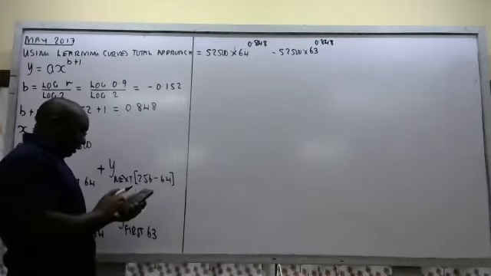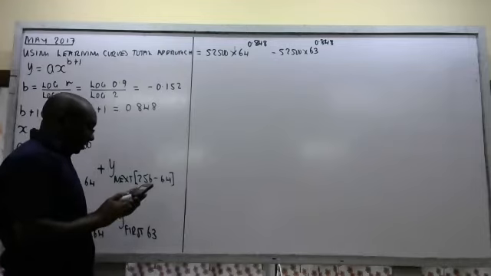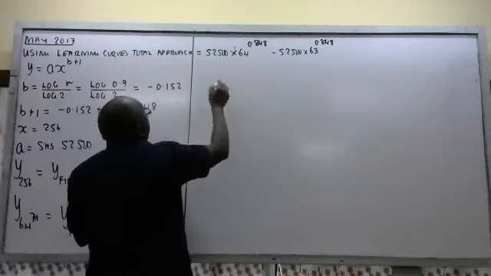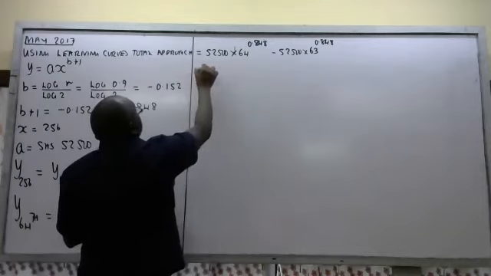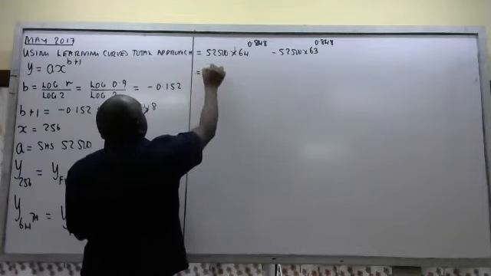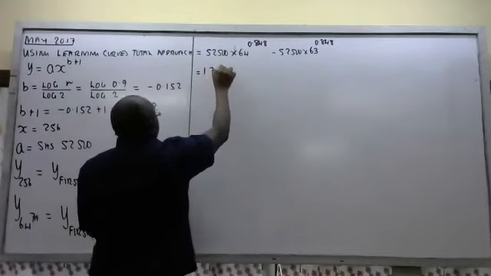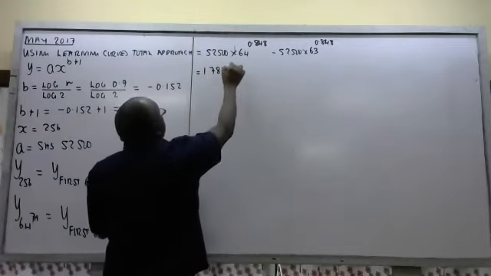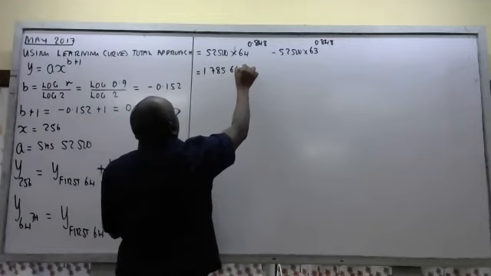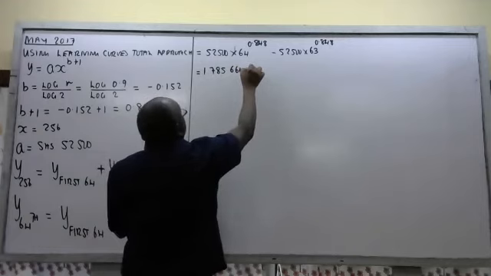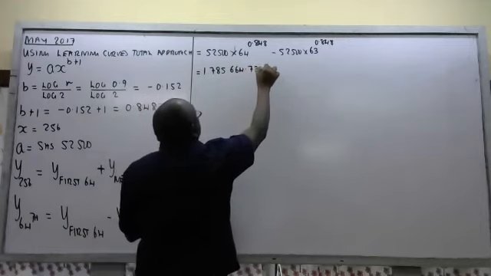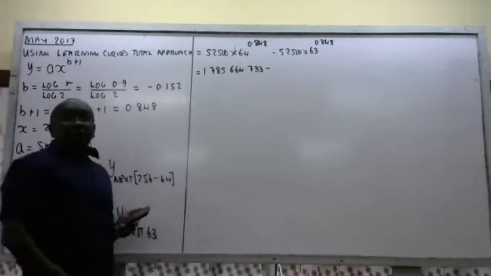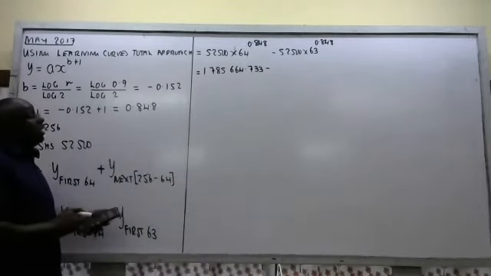So if you take 64 raised to power 0.848 multiplied by 52,500, this becomes 1,785,664.733.